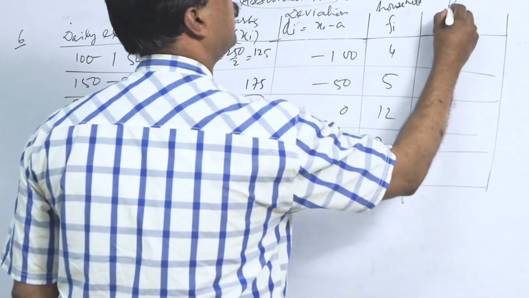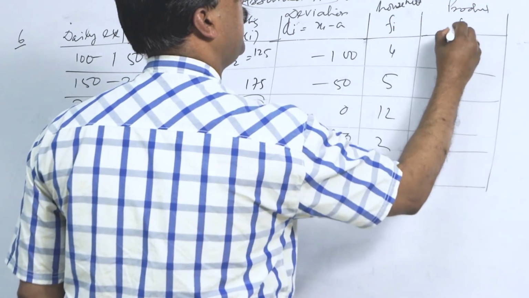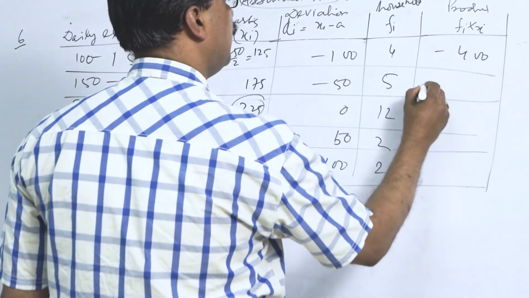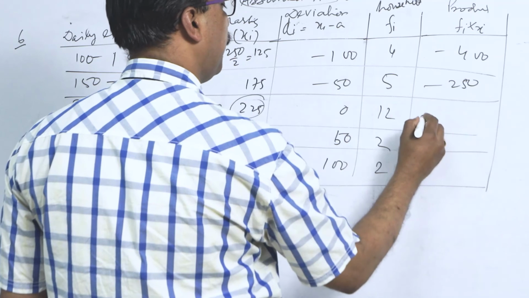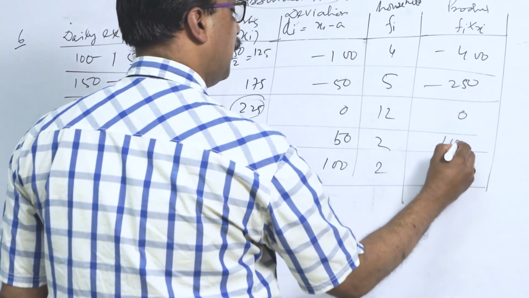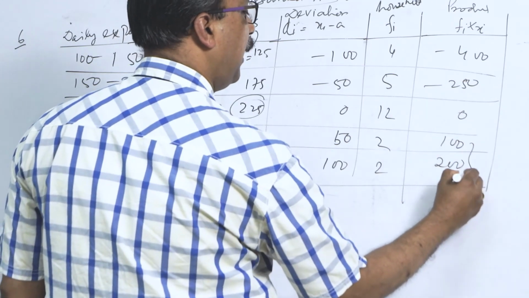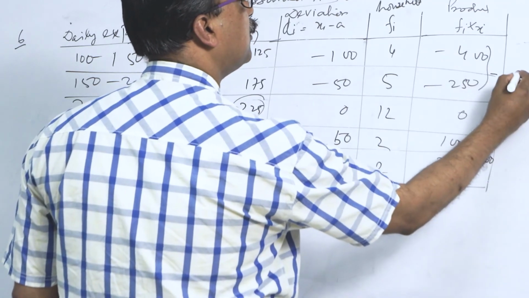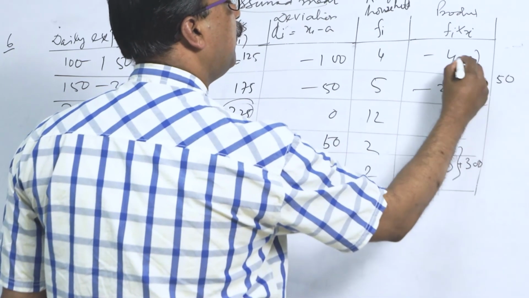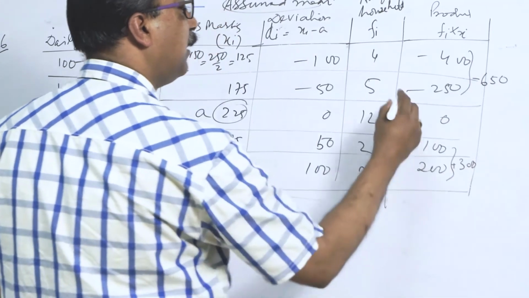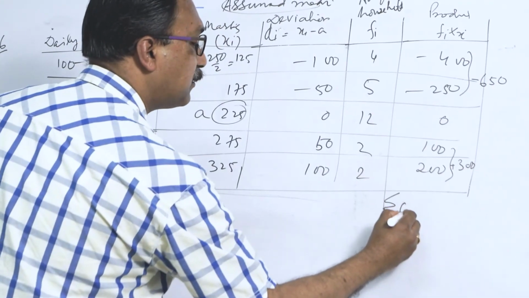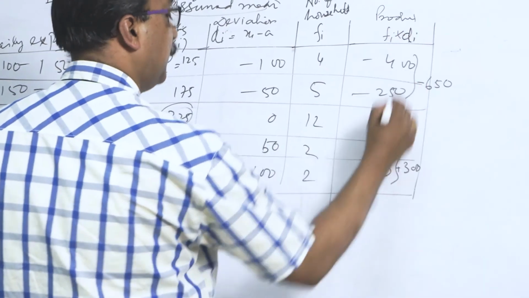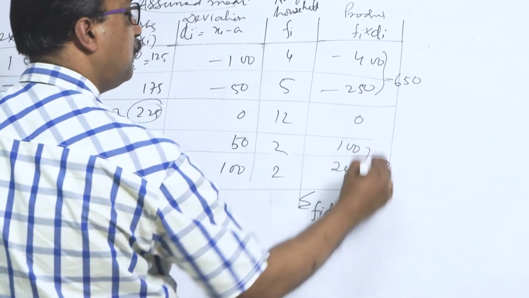Now the product, fi into di: minus 400, minus 250, then 0, 100, 200. If I add them, it's 300 plus... and adding the products sigma fi di, how much will it be?